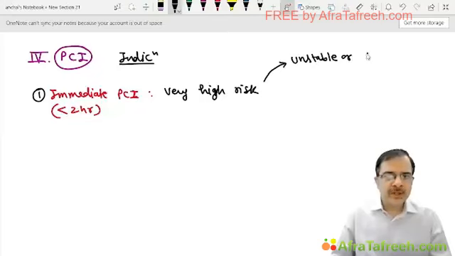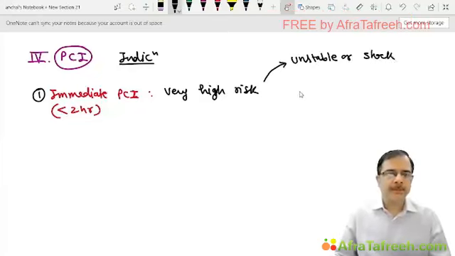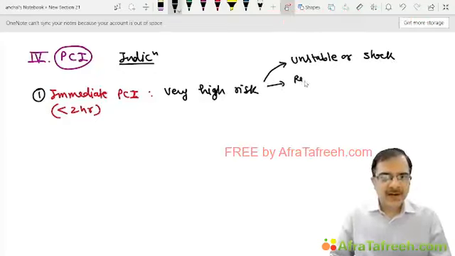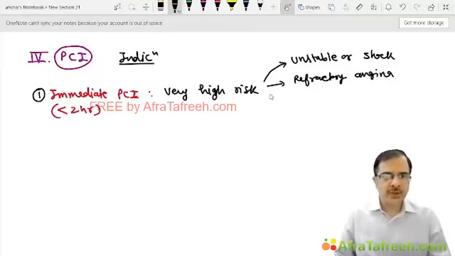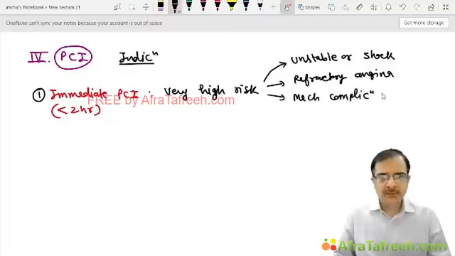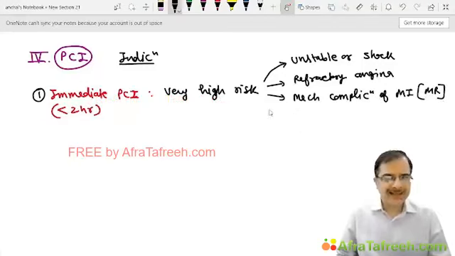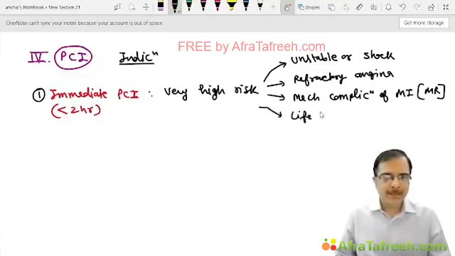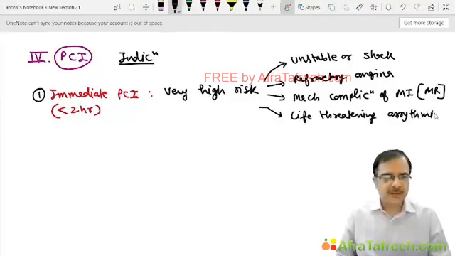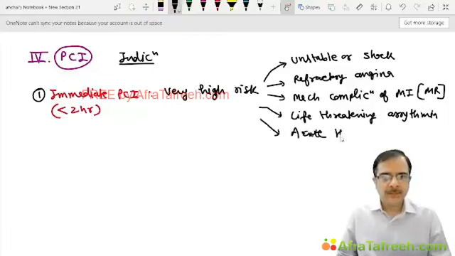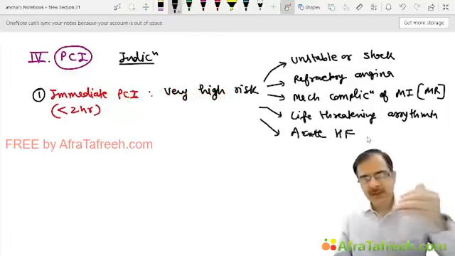Examples of very high risk patients are a hemodynamically unstable patient, or a patient in cardiogenic shock; refractory angina, where despite the medical treatment the patient has continuous chest pain; a mechanical complication of MI, like acute MR for an example; life-threatening arrhythmias; or acute heart failure.